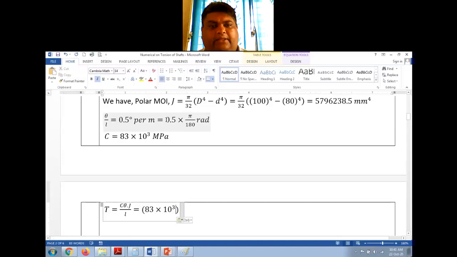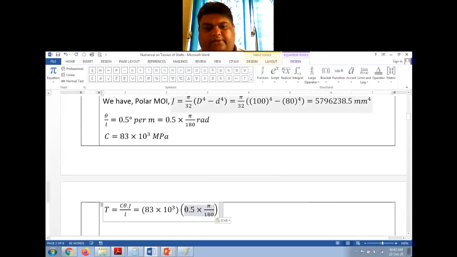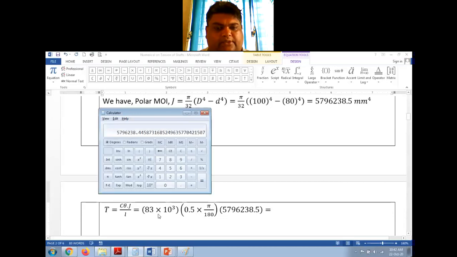Theta by L is this much into, open another bracket, 0.5 pi by 180, and J is this value. So another bracket, and this is equal to, now let us calculate this. I have this, so I'll start from this side.